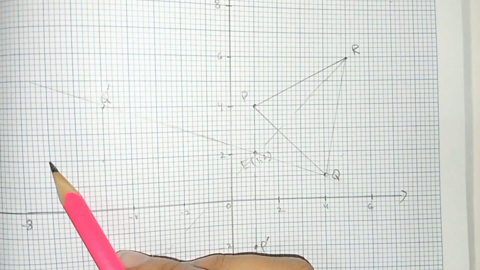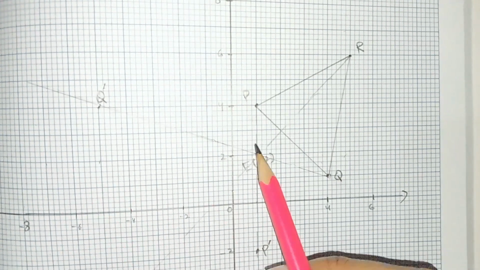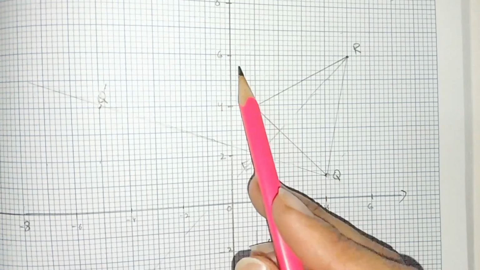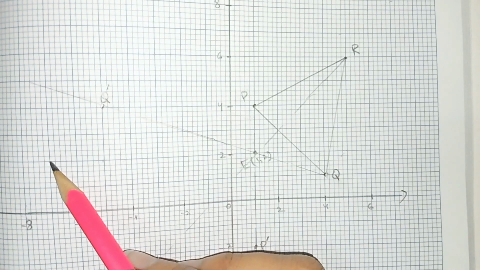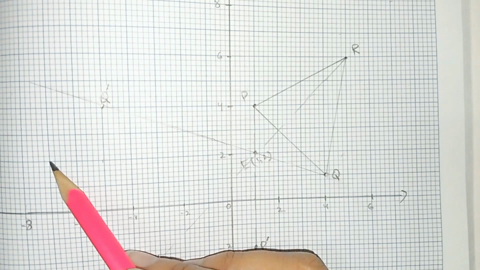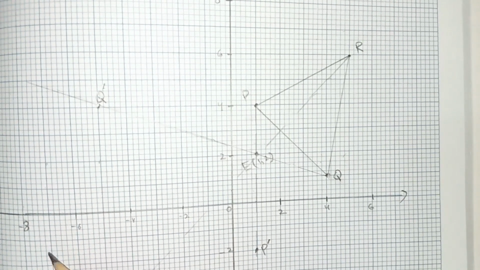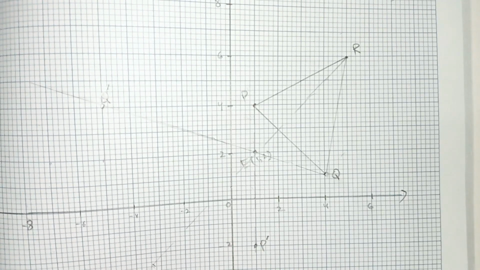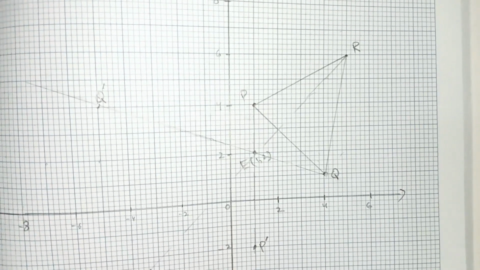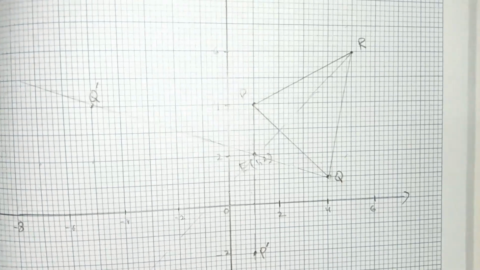This comes there, and along the y-axis this is 1, 2, 3, 4. 4 multiplied by minus 2 we get minus 8. Now we have to move minus 8 downward, 1, 2, 3, 4, 5, 6, 7 and 8. These points come there, and this is the R prime.